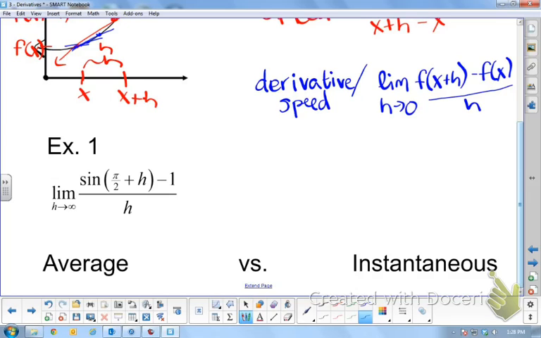What would happen if we plugged in infinity? Sine of infinity bounces back and forth between positive 1 and negative 1. So actually L'Hopital's rule wouldn't apply here.